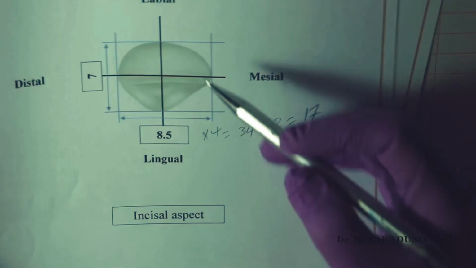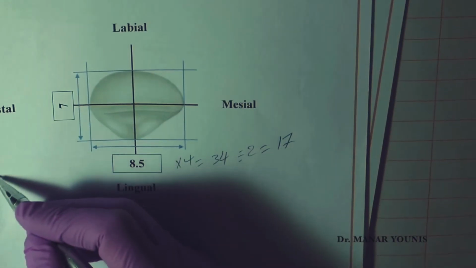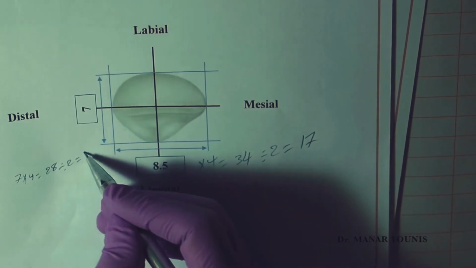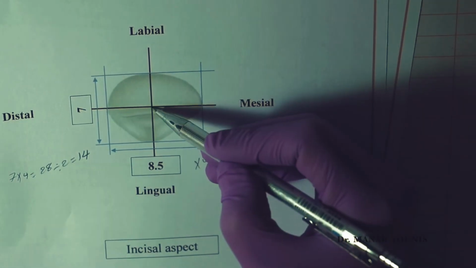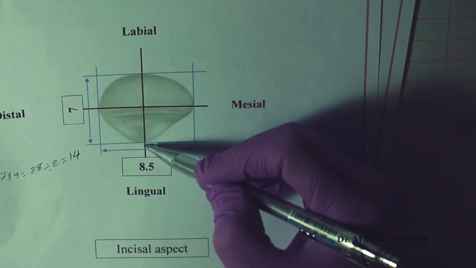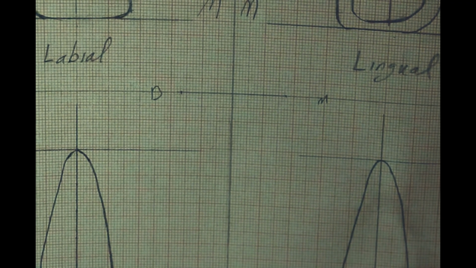For the labiolingual dimension, the measurement is 7 millimeter multiplied by 4 equals 28, divided by 2 equals 14 millimeter. So I will draw 14 millimeter up toward the labial and 14 millimeter down toward the lingual aspect.